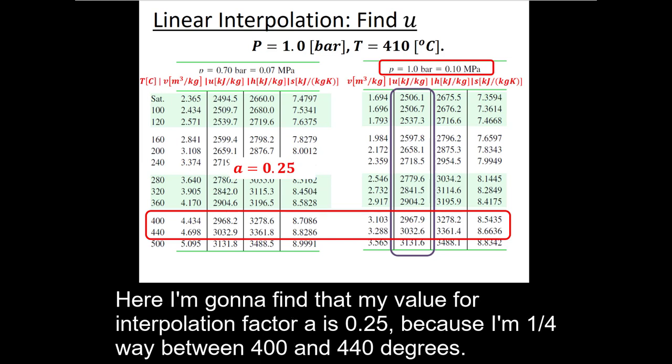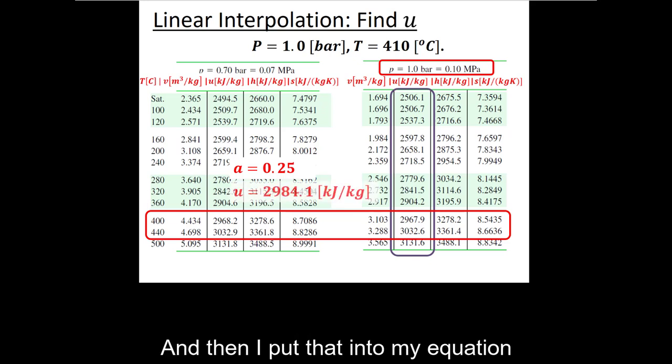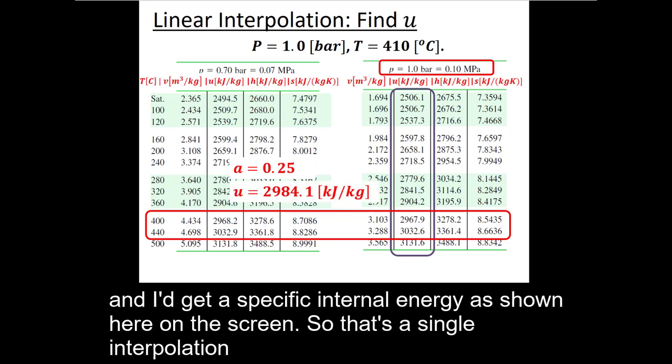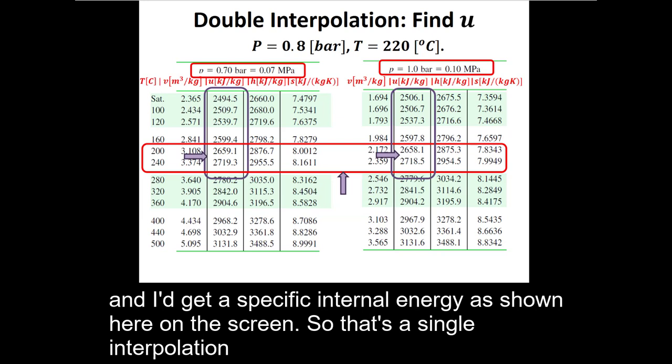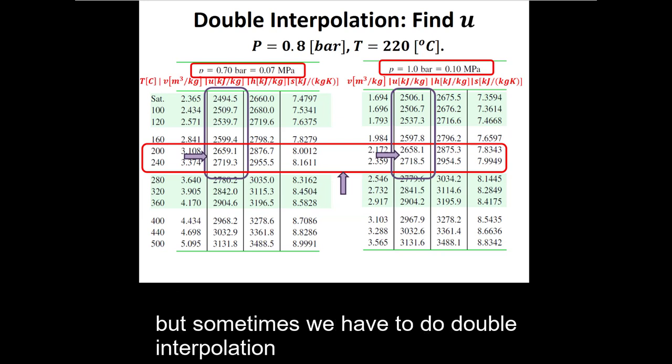Here, I'm going to find that my value for my interpolation factor A is 0.25 because I'm a quarter of the way between 400 and 440 degrees. And then I put that into my equation and I get a specific internal energy as shown here on the screen. So that's a single interpolation, but sometimes we have to do double interpolation.